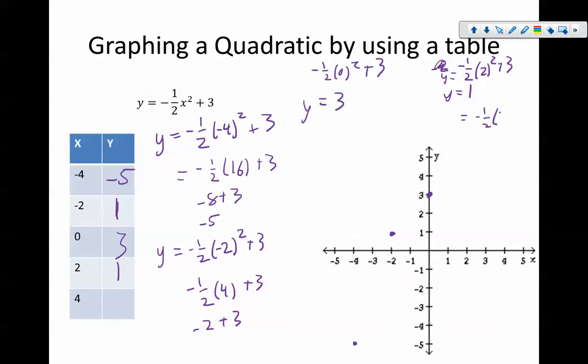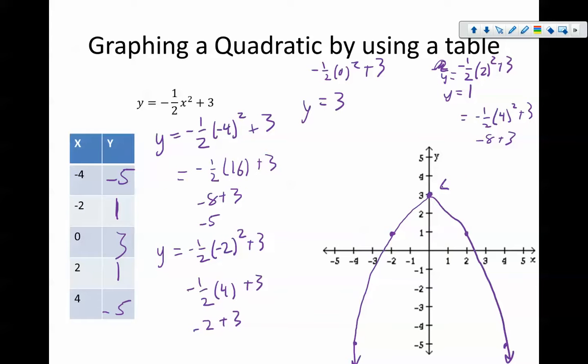So when I plug in 4 here, I'm going to get 16 times -1/2. I'm going to get that same thing: -8 plus 3, giving me -5. So look at what happened. This is 2, 1. This is 4, -5. Notice how after it reached the peak up here, it starts to curve down in roughly the same manner that it curved up, right? Actually, it curved up in the exact same manner.